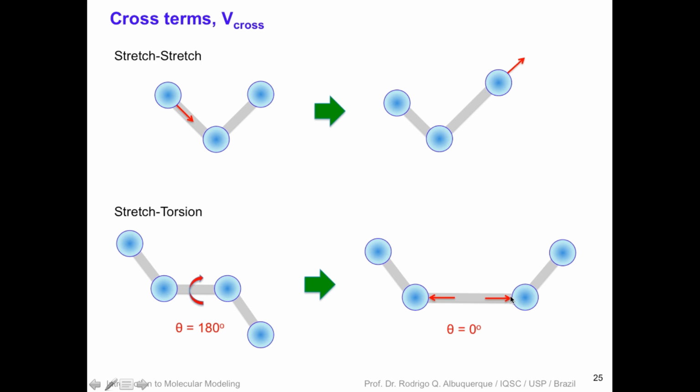So this is a way the molecule finds to minimize the repulsion of these two atoms. Now we have 0 degrees of torsion angle. Also, there is an analytical expression for this case that can be summed as an extra term to the total V steric, or the total potential energy of this molecule.